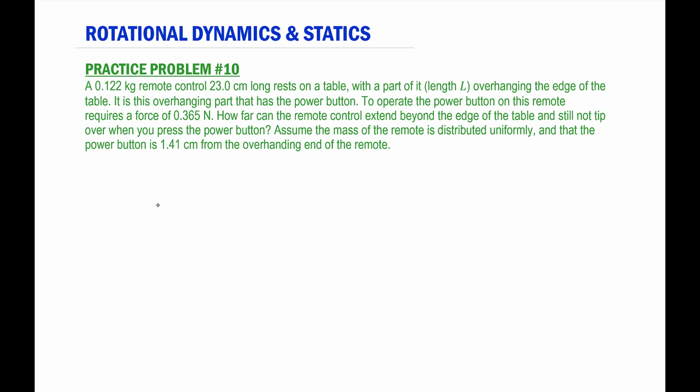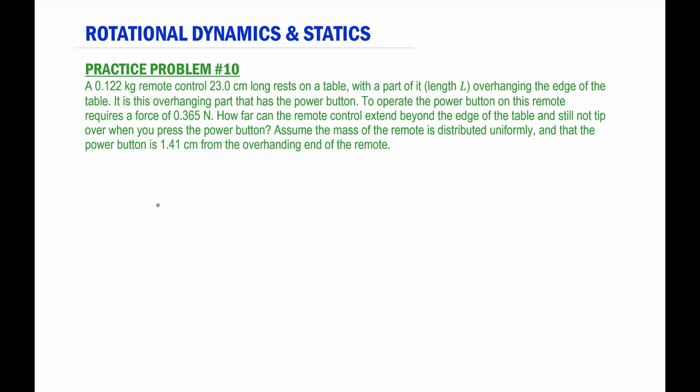We want to solve for L. So that means we must expand and collect like terms. xcm mg minus L mg minus LF plus BF is equal to 0. We have xcm mg plus BF is equal to L mg plus LF.